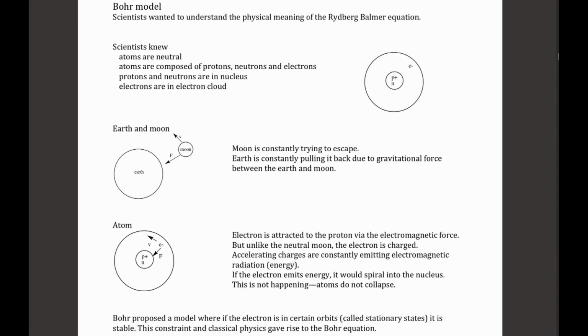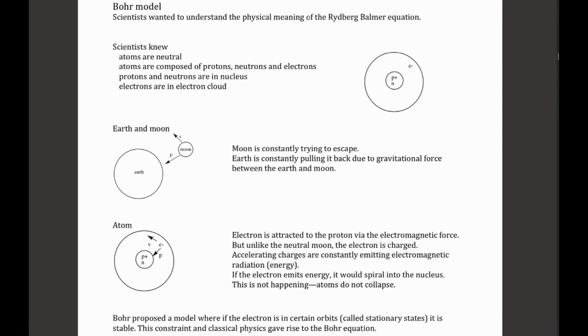Physics would tell us that accelerating charges, so that electron there with its charge, have to be constantly emitting electromagnetic radiation. That is to say, an accelerating charge is constantly emitting energy.